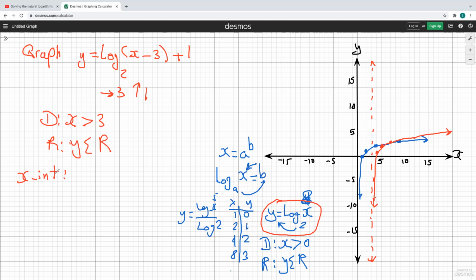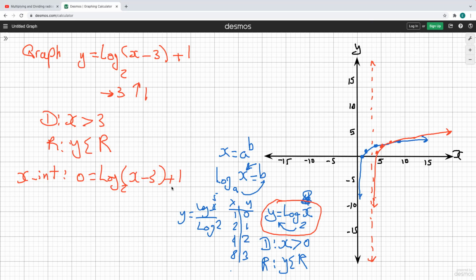You know the x-intercept, you make y 0 to find the x-intercept. So if we make y 0, we have 0 equals log base 2 of (x minus 3) plus 1.